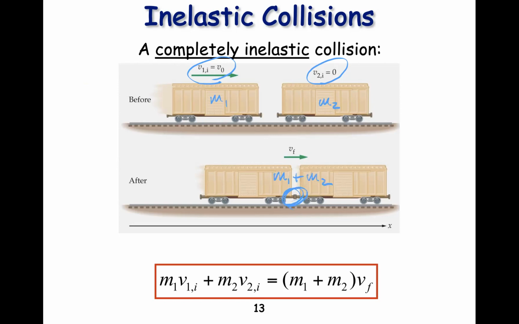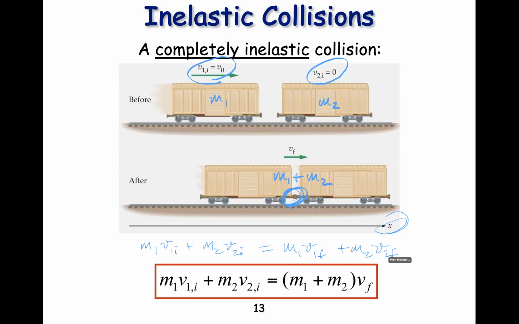Conservation of momentum, if we were to write it all out, would look like this. If we choose a positive x direction to the right, m1 v1 initial plus m2 v2 initial is equal to m1 v1 final plus m2 v2 final. This harkens back to what I mentioned before.